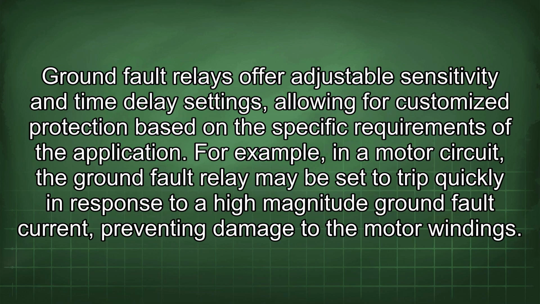Ground fault relays offer adjustable sensitivity and time delay settings, allowing for customized protection based on the specific requirements of the application. For example, in a motor circuit, the ground fault relay may be set to trip quickly in response to a high-magnitude ground fault current, preventing damage to the motor windings.